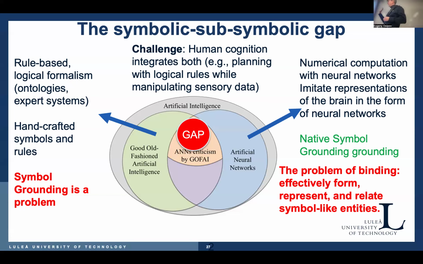But again, down to earth, we have been here. And the challenge is whether we can integrate the neural networks and symbolic reasoning somehow. Altogether it's called the symbolic neural or symbolic subsymbolic gap.